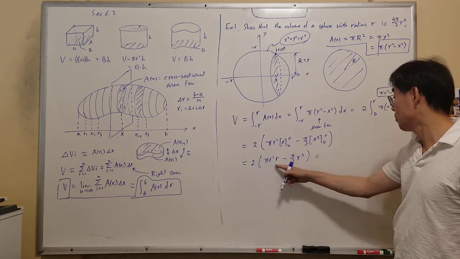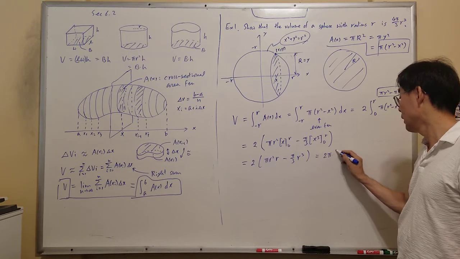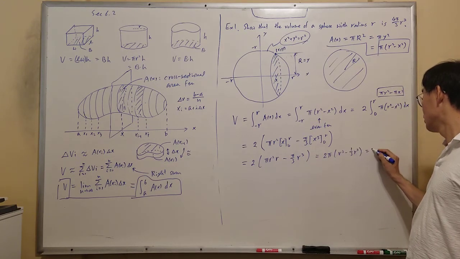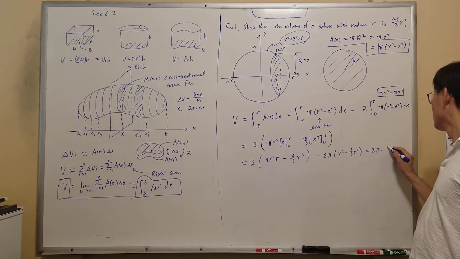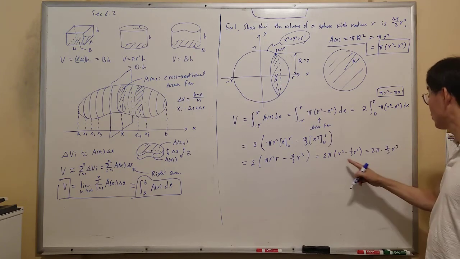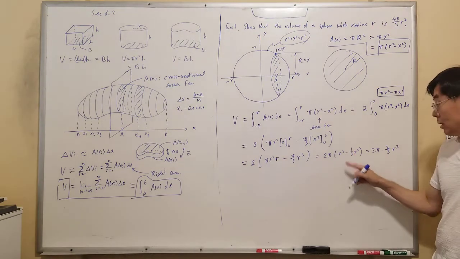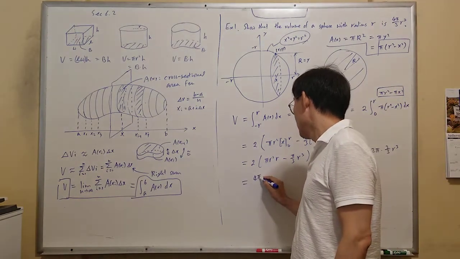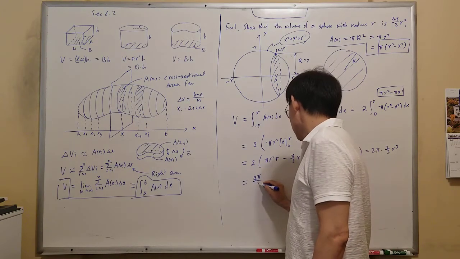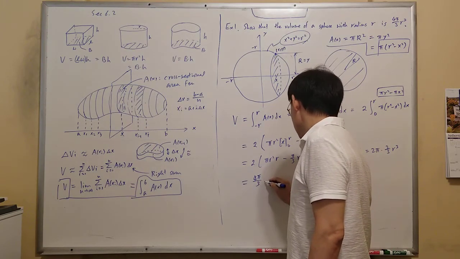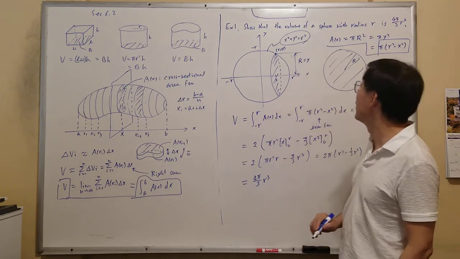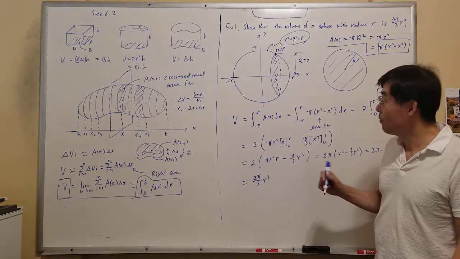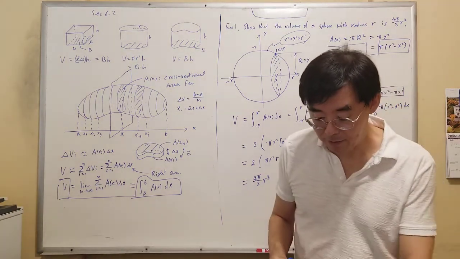You take out pi: 2 pi times r cubed minus 1/3 r cubed, which is 2 pi times 2/3 r cubed. 1 minus 1/3 is 2/3 r cubed. So, yes, as we expected, 4 pi over 3 times r cubed. So you prove the volume formula of the sphere. Okay?